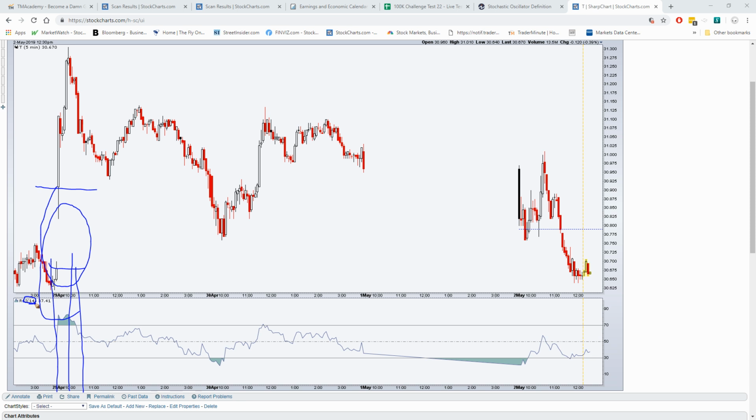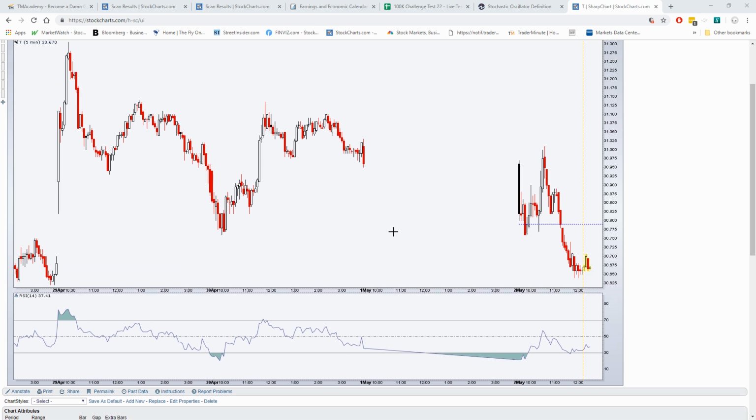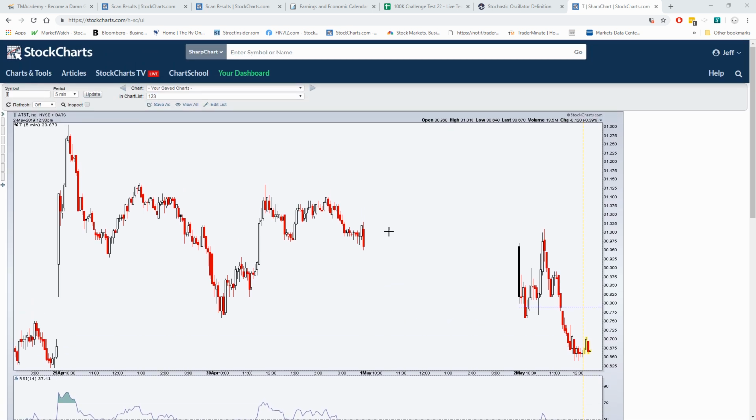I have to wait until the chart resets, gets rid of this gap that creates a big up or big down or some misread in the indicator. But after that, it works just fine. So failure swings with the RSI, by far the best use if you're looking to use it from a trade standpoint. If you're looking to use it from an investor standpoint, change the indicator.